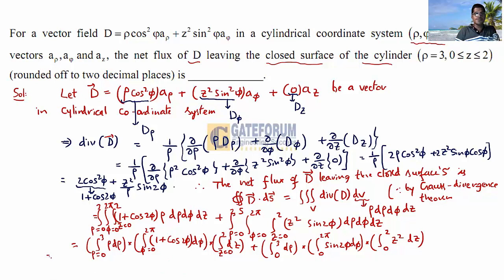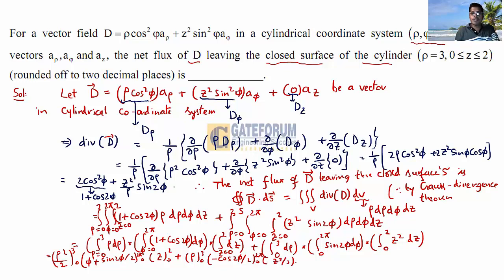So this is equal to: integration with respect to rho is rho square by 2 between the limits 0 to 3, into integration with respect to phi, which is phi plus sin 2 phi divided by 2, between the limits 0 to 2 pi, into the integral of dz, which is z between the limits 0 to 2, plus the rho integration between the limits 0 to 3, sin 2 phi integration is minus cos 2 phi divided by 2 between the limits 0 to 2 pi, into z square integration, which is z cube by 3 between the limits 0 to 2.